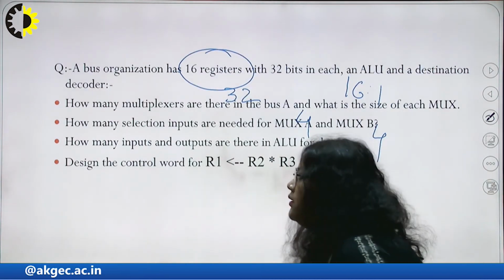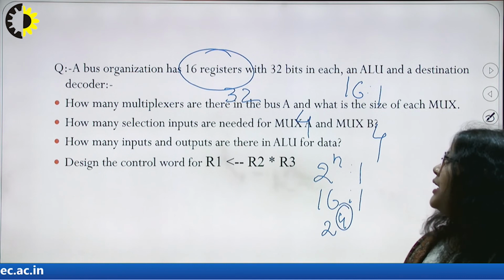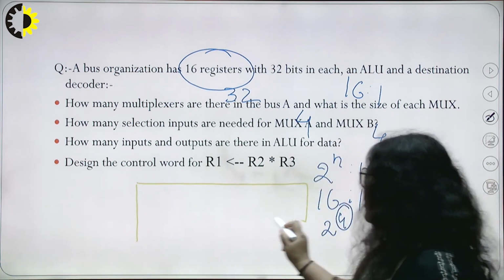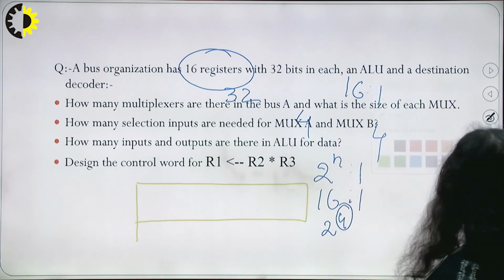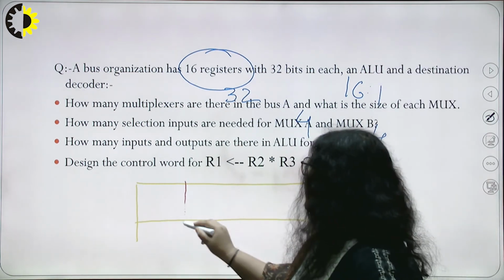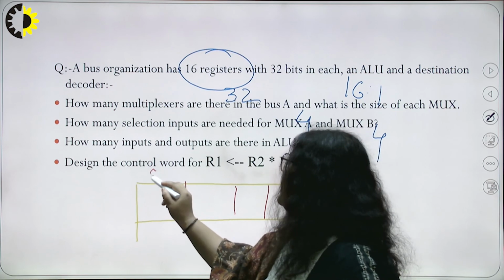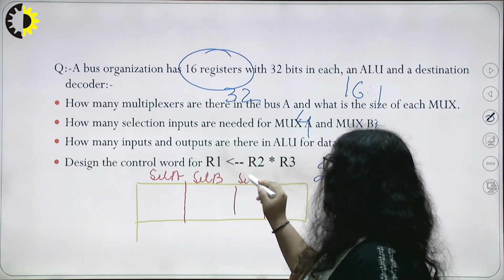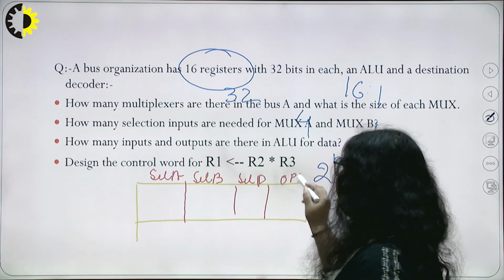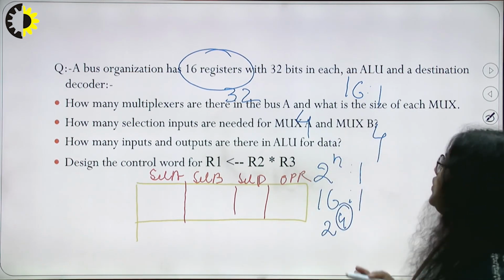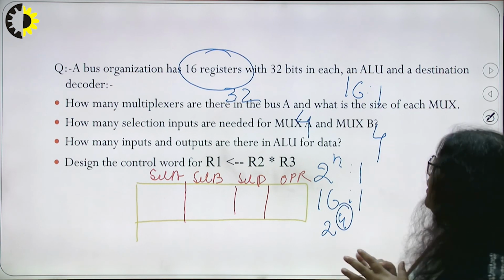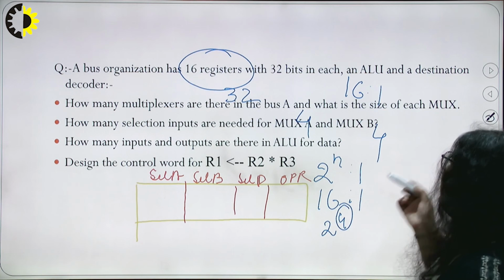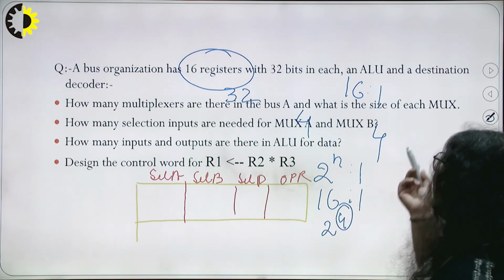Now the last part: design the control word for R2 multiplied by R3 transferred to R1. In the control word, we have select A, select B, select D and OPR. In this question, the operations of the ALU are not defined, so let us assume the OPR is 5 bits.